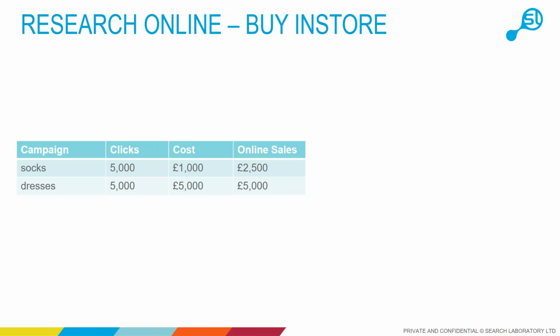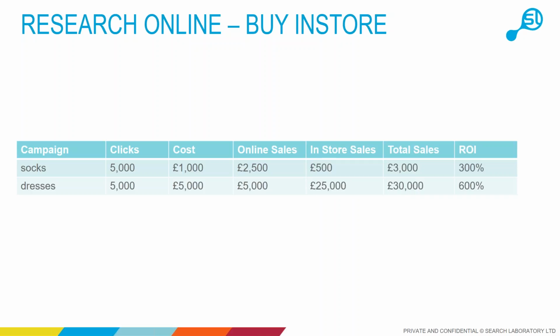Another one is back to the high street retailer example, and a fashion company might have 2 campaigns promoting socks and dresses. On the face of it, from what you're tracking online, the socks campaign is clearly outperforming the dresses campaign in this example. But you supplement that with some more information about what people go on to do in stores as well, and as you can see there, the dresses campaign is actually performing significantly better.